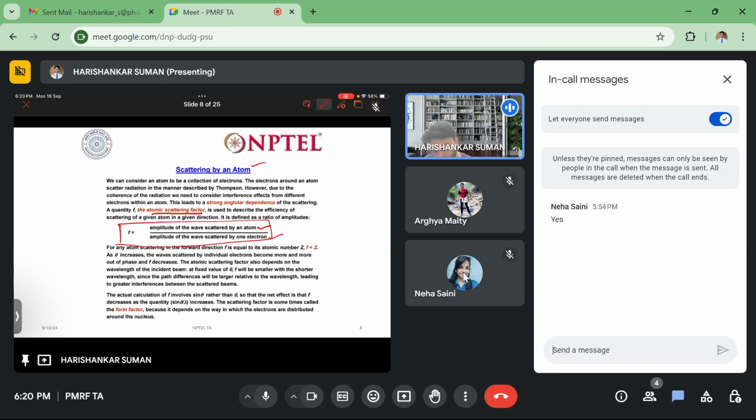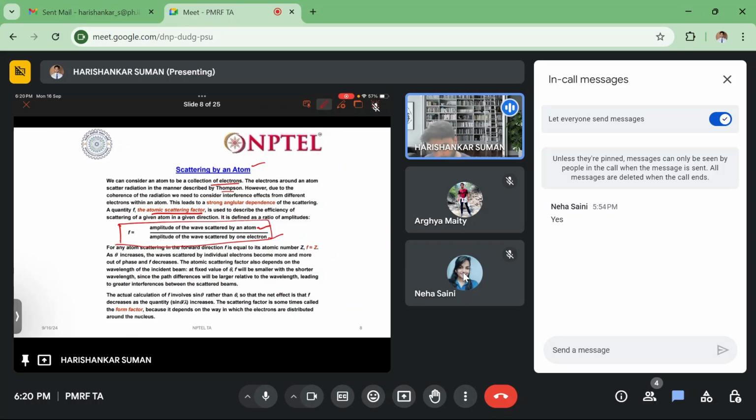We can consider an atom to be a collection of electrons. The electrons around an atom scatter radiation in the manner described by Thomson. However, due to the coherence of the radiation, we need to consider interference effects from the different electrons within an atom. This leads to a strong angular dependency of the scattering.